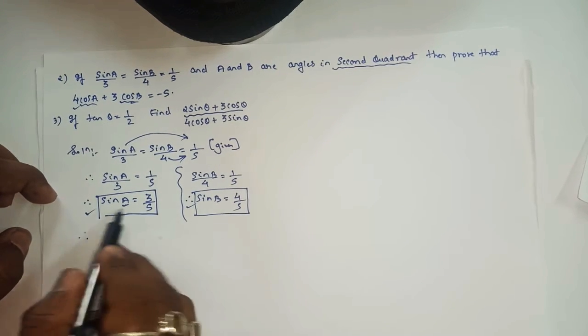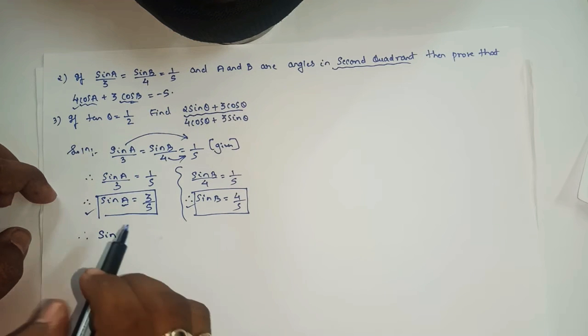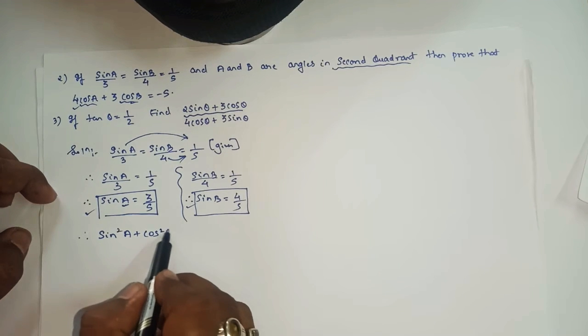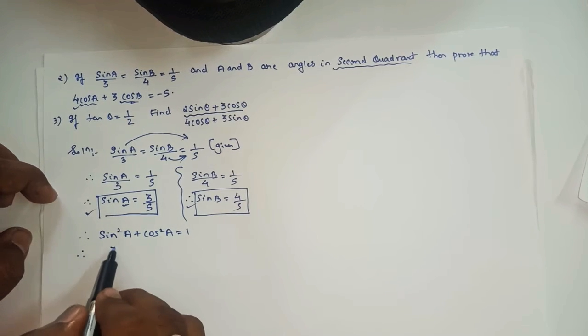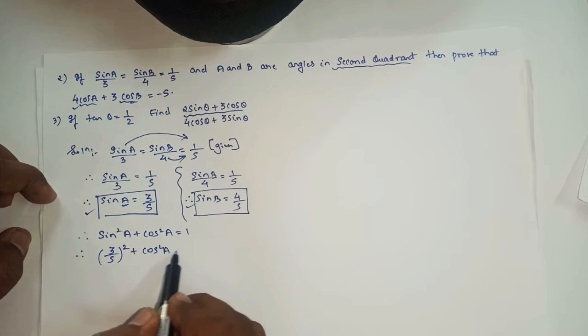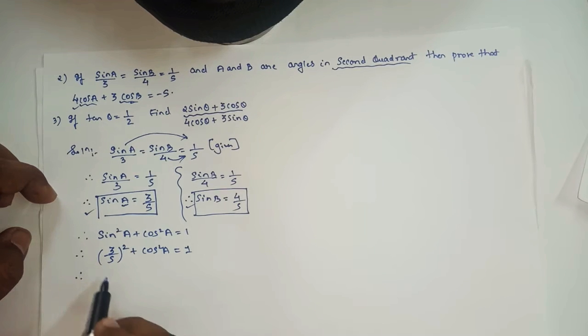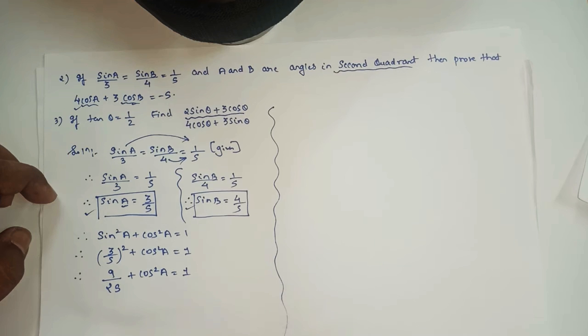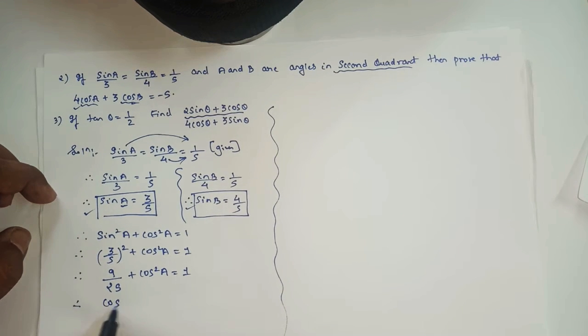So here we use the formula. First we'll take sine A. We know that sine square theta plus cos square theta equals 1. So you will write sine square A plus cos square A equals 1. Therefore 3 upon 5 the whole square plus cos square A equals 1. So 3 square is 9, 5 square is 25, plus cos square A equals 1. Then 9 upon 25 will shift to the right hand side.